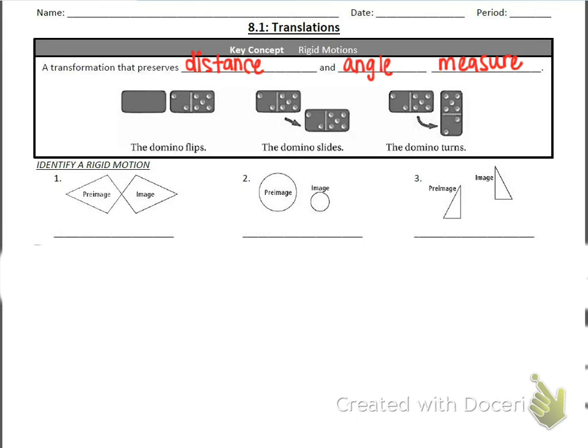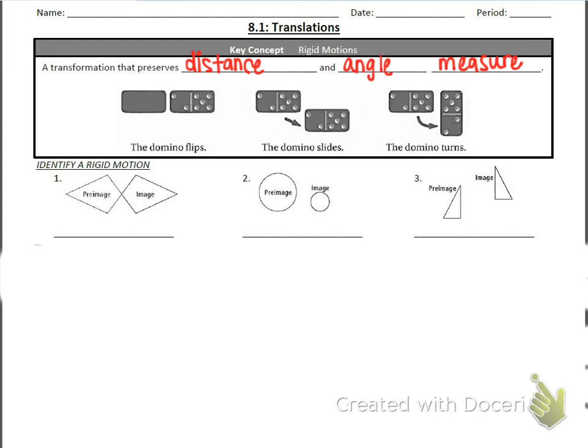So we can flip it around, and we have a domino kind of example. You can flip it, so that first one is the back of the domino, and then the part with the dots on it. You can slide it around, or you can turn it or rotate it. But those are the only rigid motions that we can do. So those are the transformations we are going to be working with.